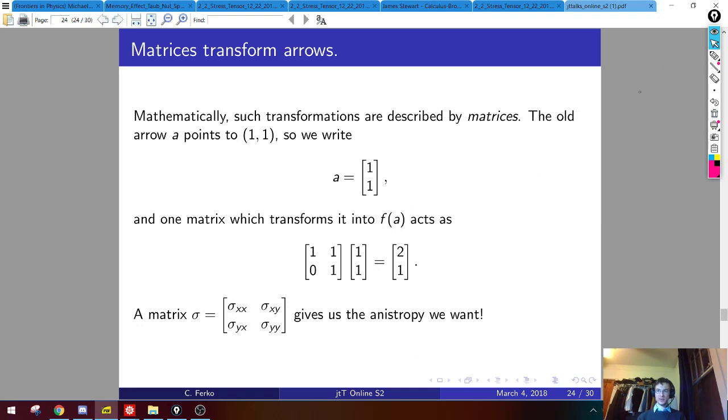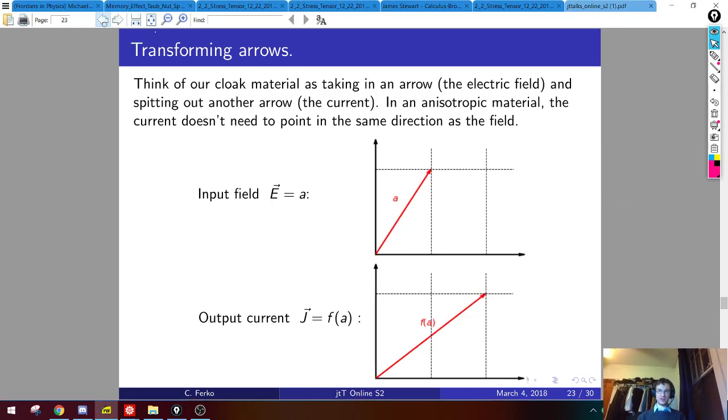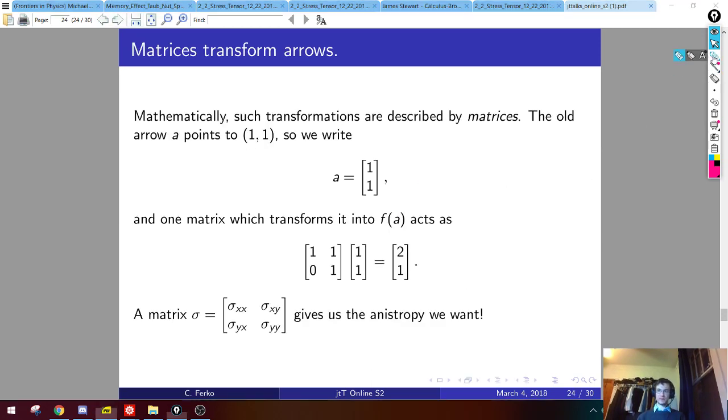So that's the point. And mathematically, the tool that you use to express the transformation of one arrow into an arrow with a different direction is something called a matrix. So you may have seen these in an algebra course, or you may not have because public school, but if you wanted to write down a matrix which did the transformation I showed you on the previous slide, that turns the arrow 1, 1 into the arrow 2, 1, you could write down a matrix of this form if you like.